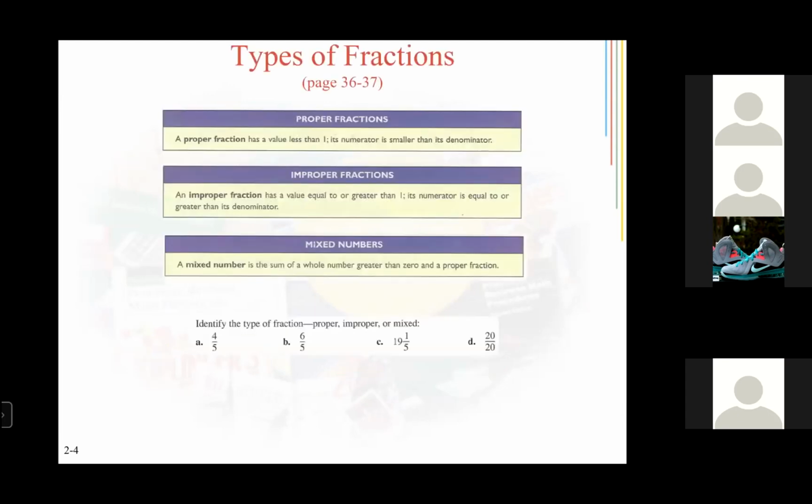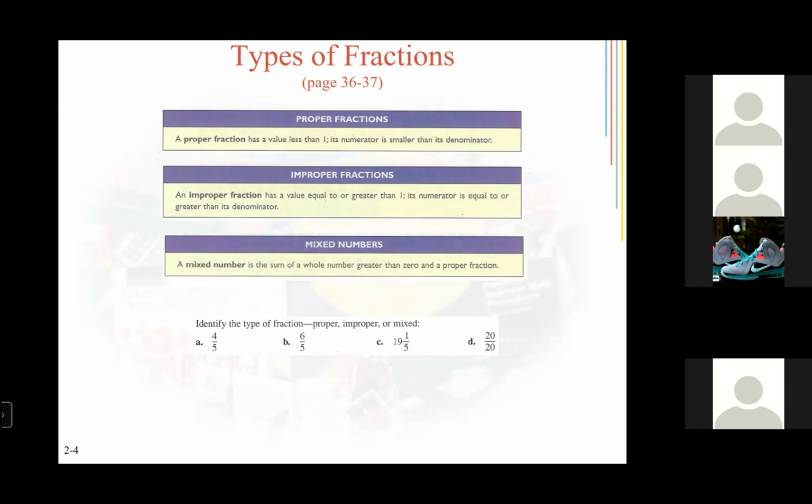All right, so we have several types of fractions, and you should be familiar with these types. We have the proper, the improper, and the mixed numbers. Looking at those examples below, look at A, B, C, D. Tell me what type of fraction each of those represents. A is a proper fraction.